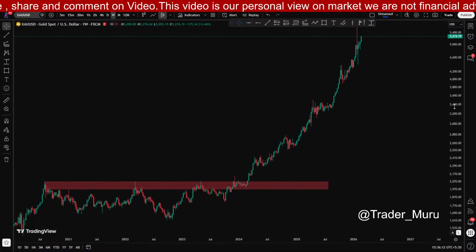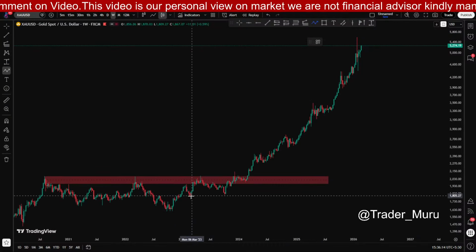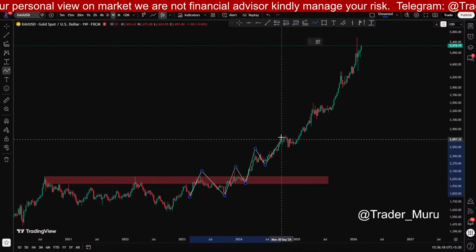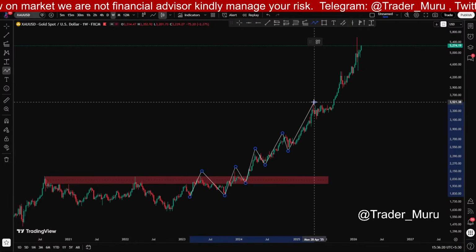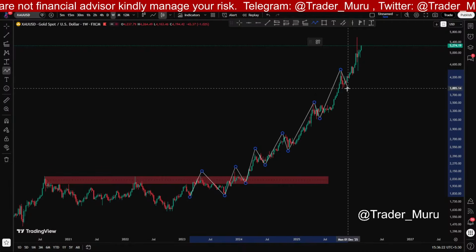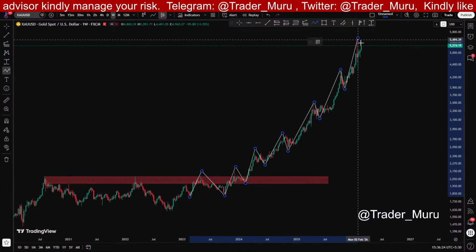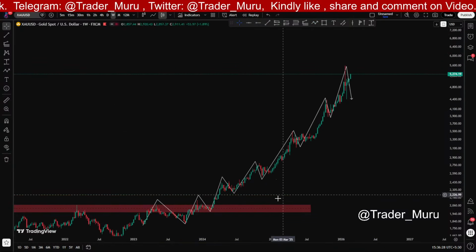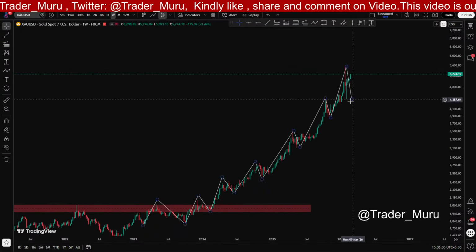And look at the price action. It is continuously making higher highs, higher lows, higher highs, higher lows. See this? Not a single lower low and lower high. This is a clear bullish structure.